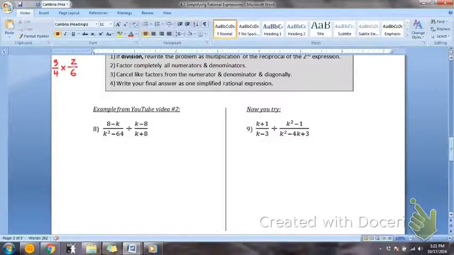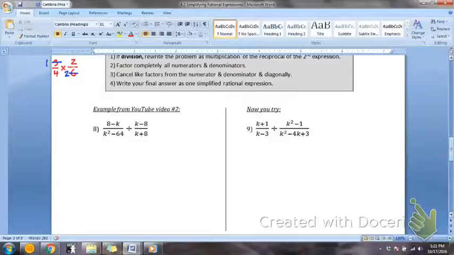Do you guys remember doing this? And you could reduce and reduce, right? You could cross reduce. That would be a 1, and that would give you 2. Do you guys remember doing that? We're going to do the same thing, except we're going to have polynomials that we're going to reduce with.